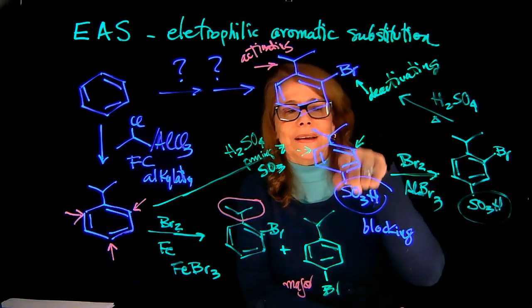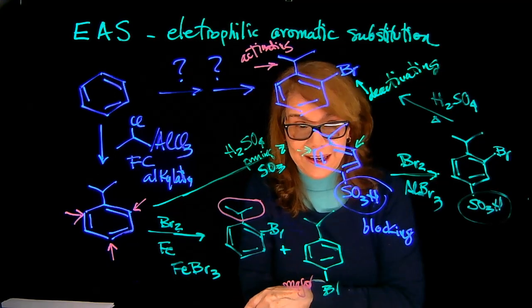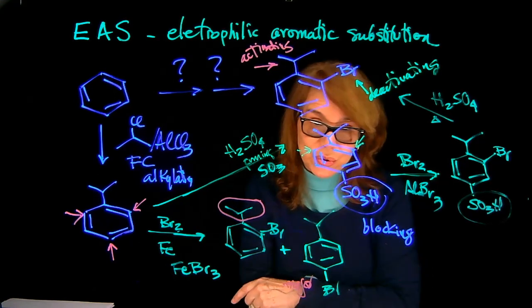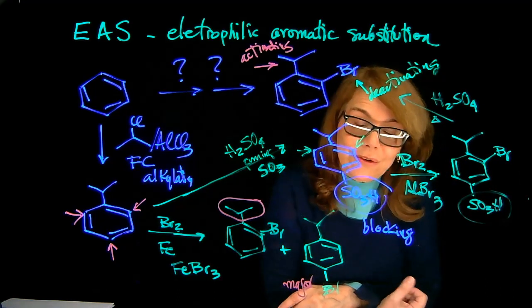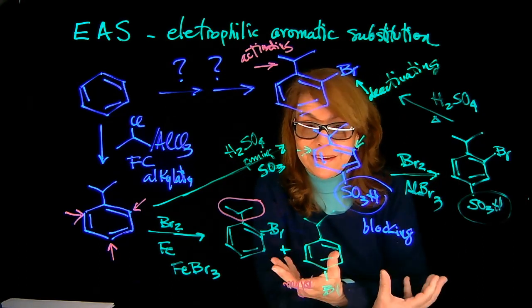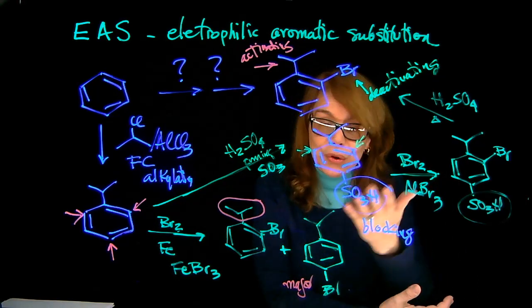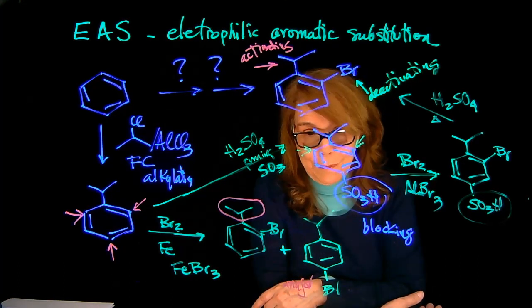Also, this is deactivating, that's activating, so the activating group is going to determine the substitution: ortho to the isopropyl. Once I have that, what I need to do is remove the blocking group with diluted sulfuric acid. So this is how we approach synthesis strategies using electrophilic aromatic substitution.